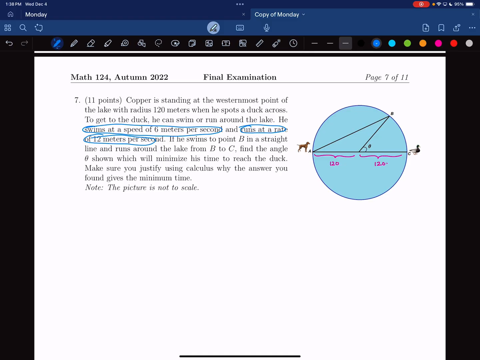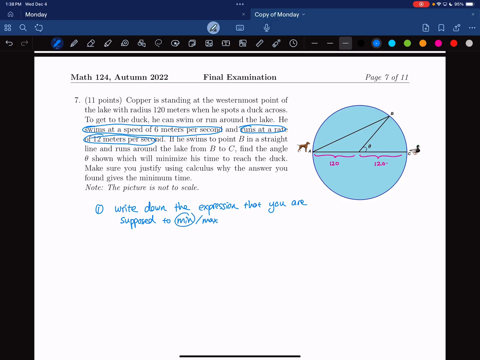So the first step to solving the optimization question is to write down the expression that you are supposed to either minimize or maximize.